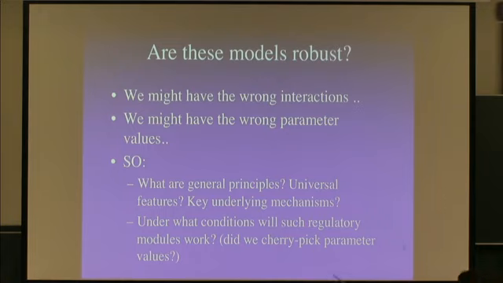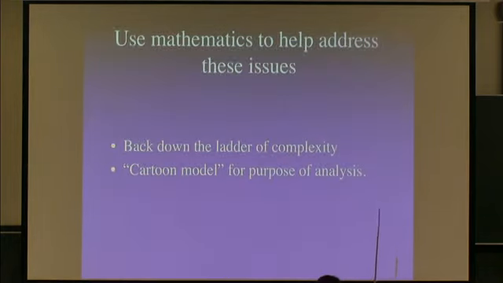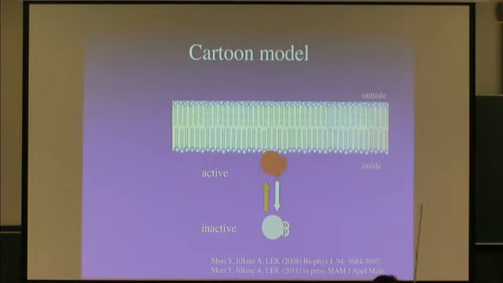Under what conditions will such a regulatory module work? Is it just a chance, or can we say something more general? And so that's where it's nice to use mathematical techniques and go back to a simpler model, a cartoon model, as Hans has nicely put it.